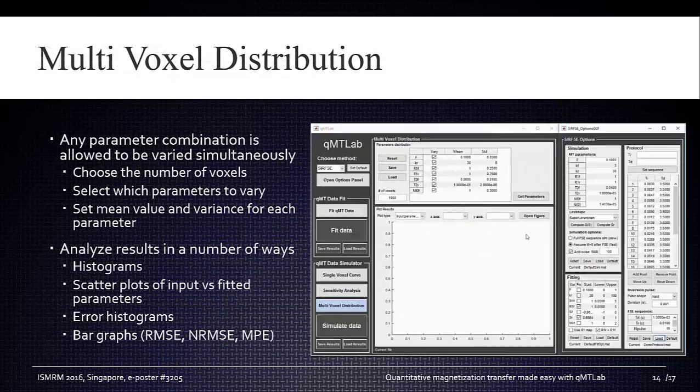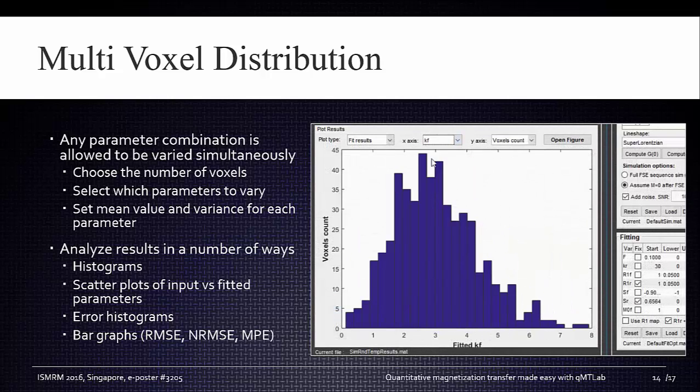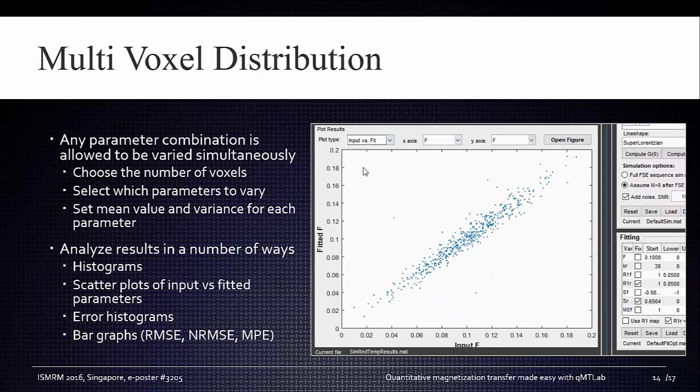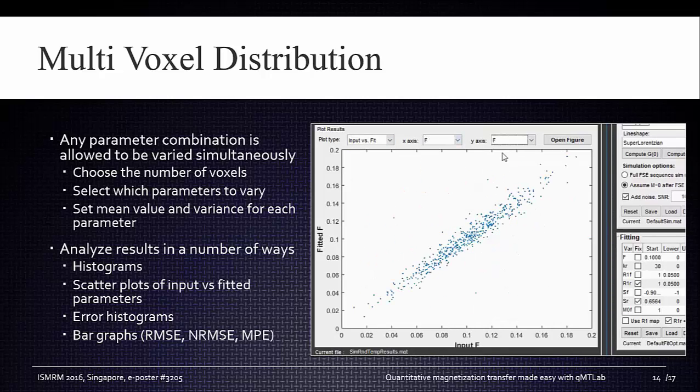Now for the multi-voxel distribution, this is maybe a more realistic situation that you would encounter in real tissue. This is where any parameter combination is allowed to be varied simultaneously. So you define the distribution for each parameter. You choose the number of voxels you want to simulate.